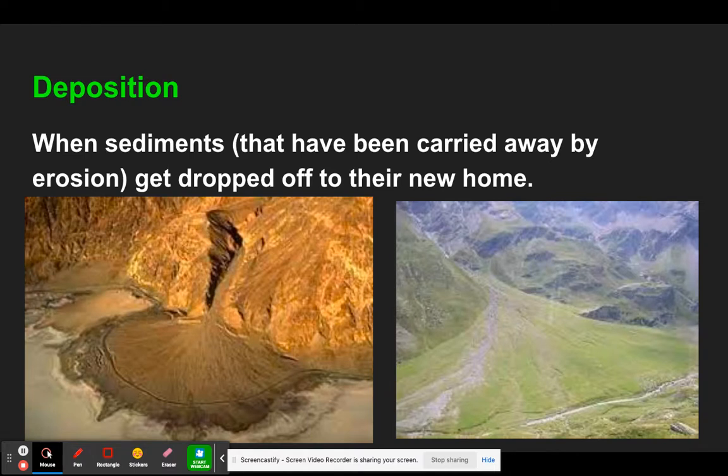And when it gets dropped off at your house, that is deposition. It's in its new home. The reason I put these pictures up is because, as you can see, there are two canyons shown right here. Canyons are like these super factories of geology. Weathering is happening because of all the water and the wind whipping through there.